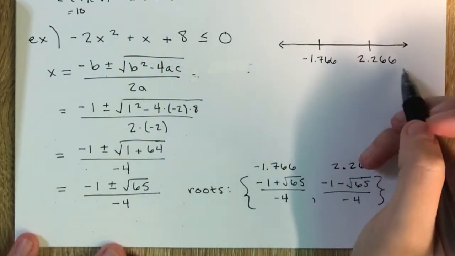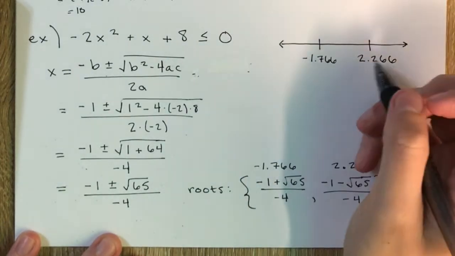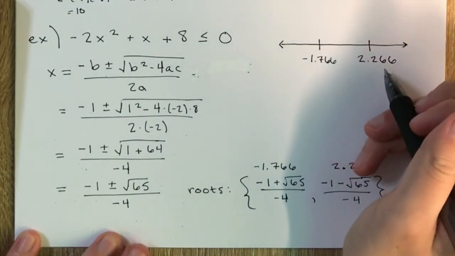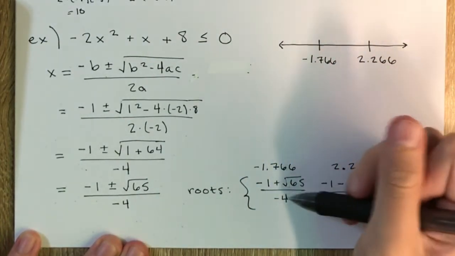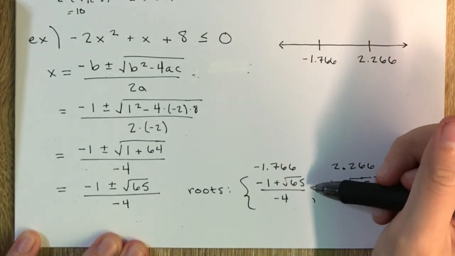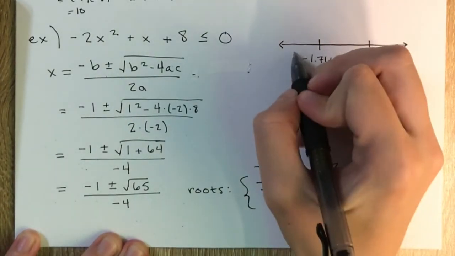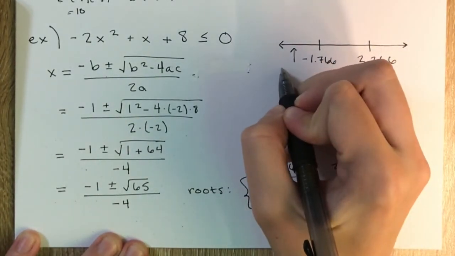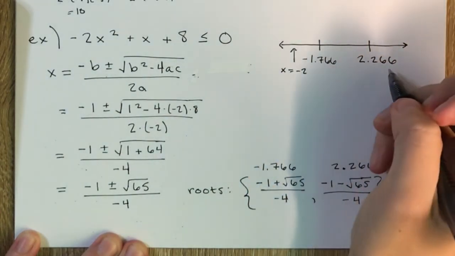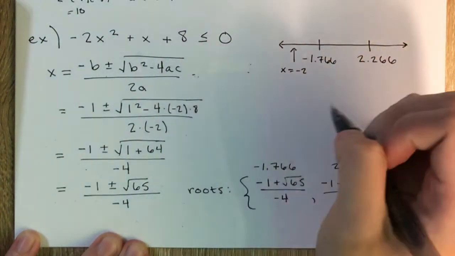Now, having it in decimal form is also helpful because it's way easier to pick numbers now, right? If I was looking at this, I wouldn't be able to tell you what was greater than or less than that without thinking about it for a while. So with this, I can easily say a good number to test that's smaller would be maybe negative 2. So let's test negative 2.